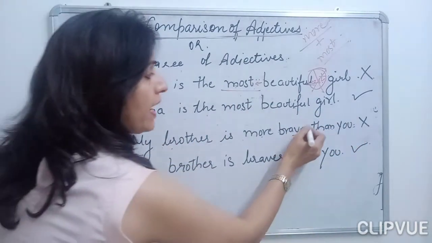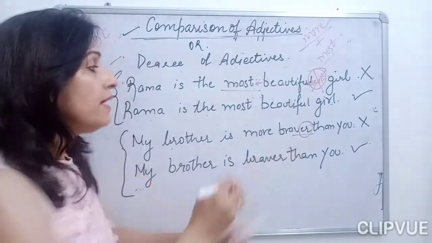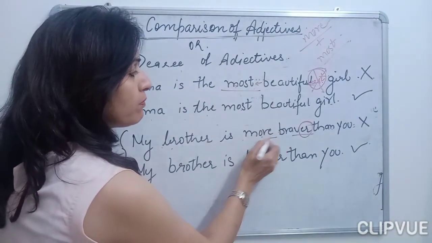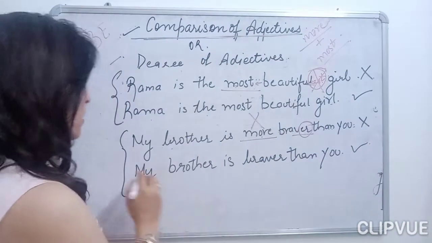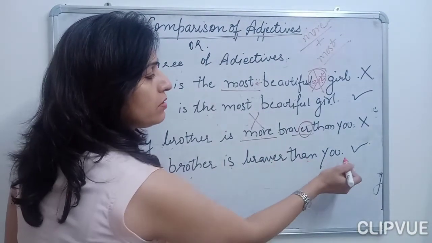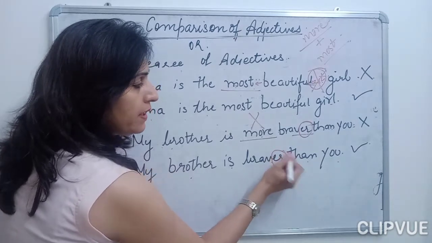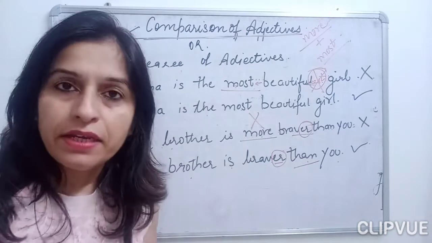When I have added er here to compare it, then why am I adding more here? This is wrong. Okay, my brother is braver than you. See, I have compared here by using er and by using than.